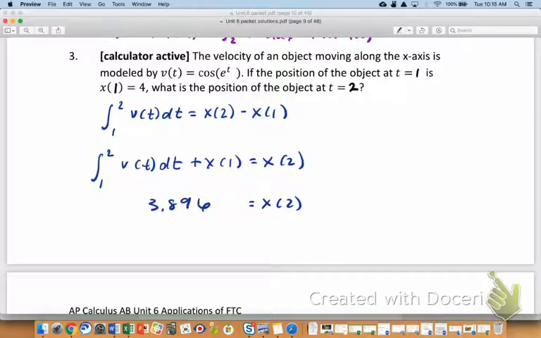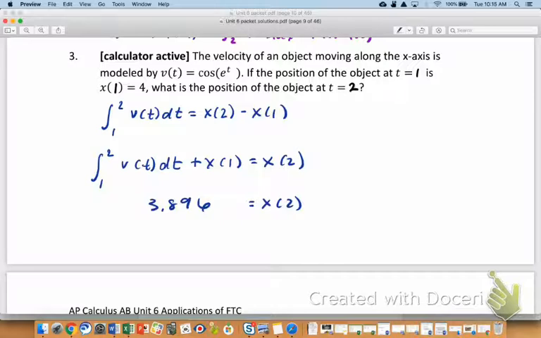Notice I'm using the net change theorem here. The net change theorem says that the definite integral of a rate is equal to the net amount of change. Notice my v, when I did the antiderivative, turned into an x. It shouldn't be a shocker: the antiderivative of velocity gives you a position.